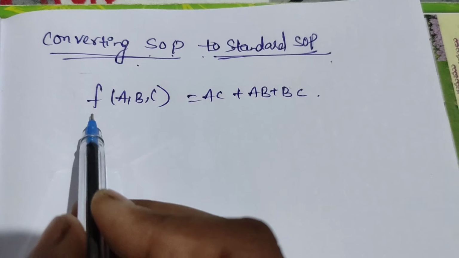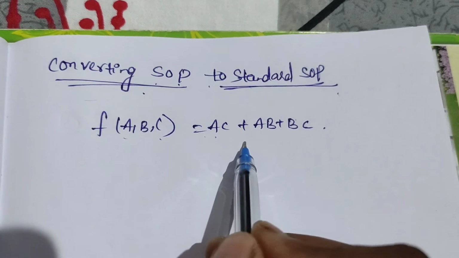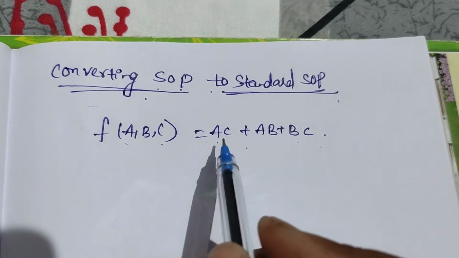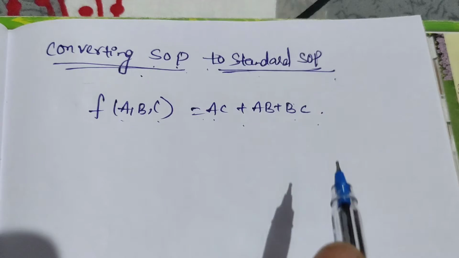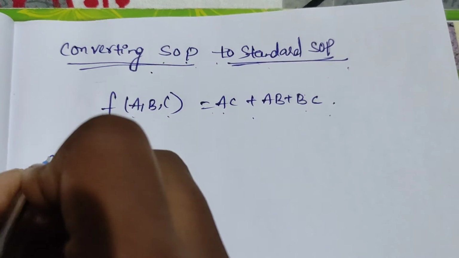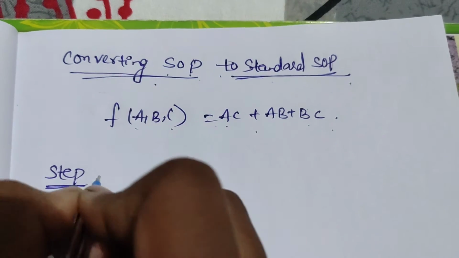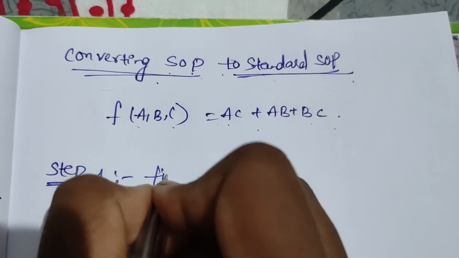Let us take a function f of ABC is equal to AC plus AB plus BC. In order to convert a sum of product to standard sum of product, we have 4 steps. First, we need to identify the missing literals. So in step 1, find the missing literals.